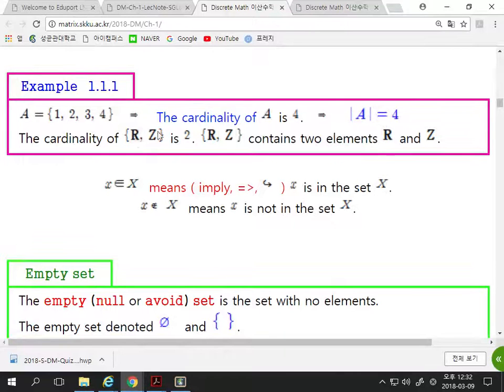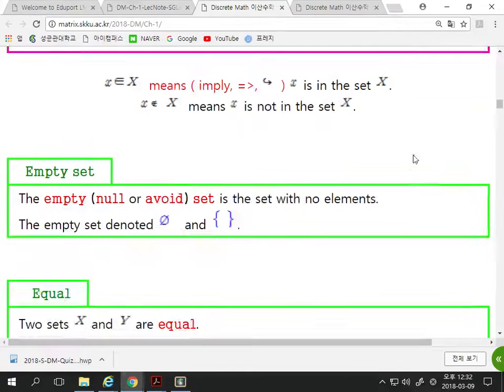If we have a set of 2 elements, R and G, then the cardinality of this set is 2 because it contains 2 elements.